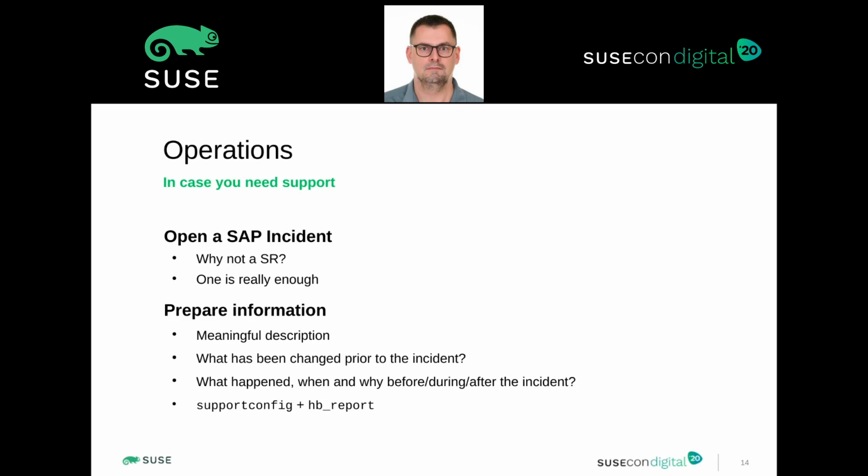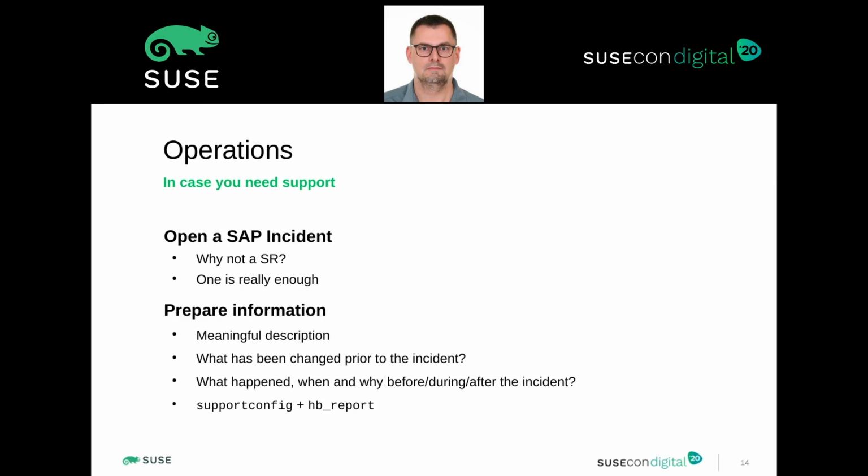With an SAP incident, it is very easy to collaborate with SAP and the hardware partner, because hardware partners and the operating system vendors have supporters in the SAP space. So it's very easy to handle a case there.